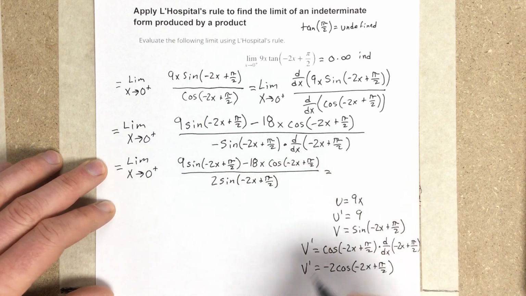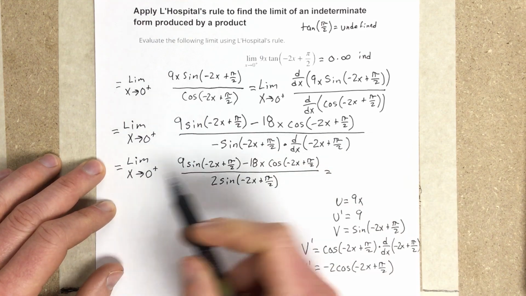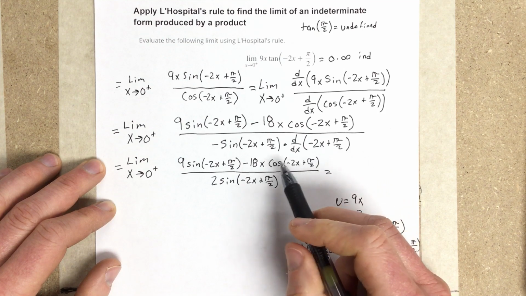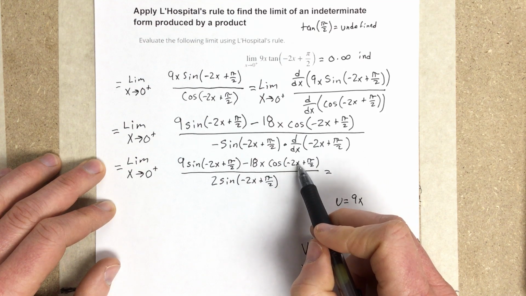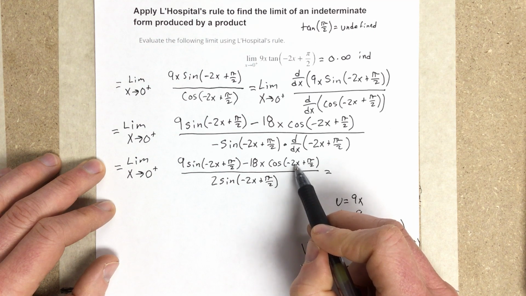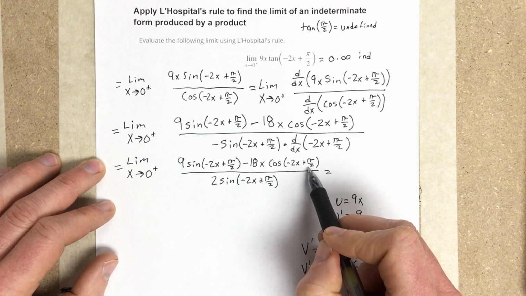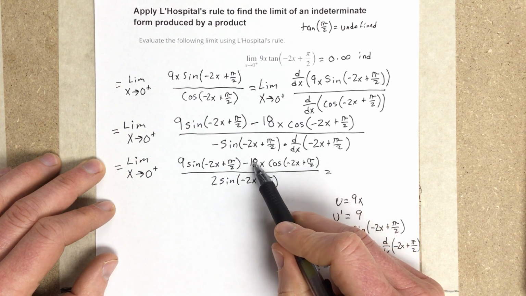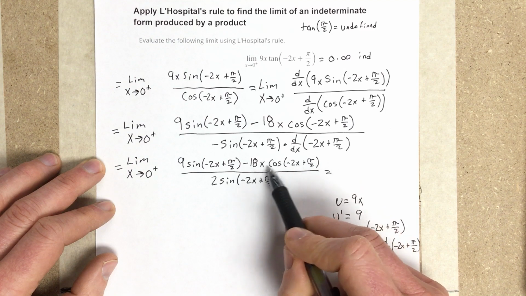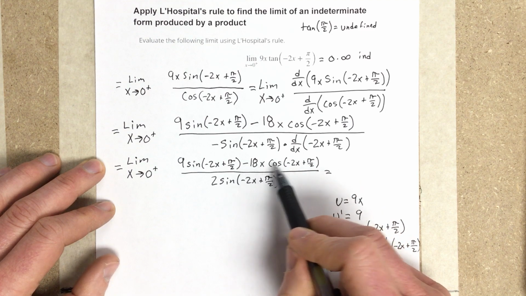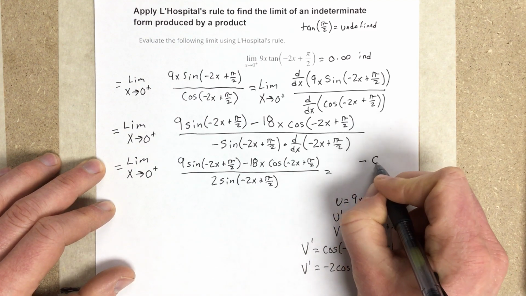Now I'm going to evaluate this, and when I plug 0 into the function, first of all, I get cosine of pi over 2. 0 would cancel out this 2x piece, and I'd get cosine of pi over 2. Cosine of pi over 2 is 0, so I get 0 times this x value, which is 0, so this whole piece cancels out. I'm going to have minus 0 on the right.